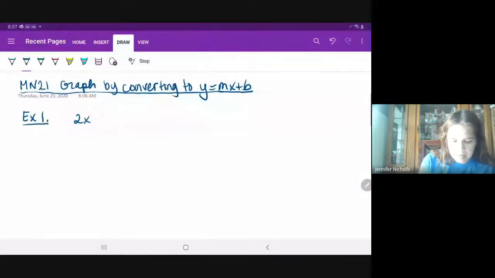we have 2x plus 3y equals 12. And I want to graph using y equals mx plus b, but it's not in the right format. Do any of you remember how to change the format on this one? Anyone remember what we did?